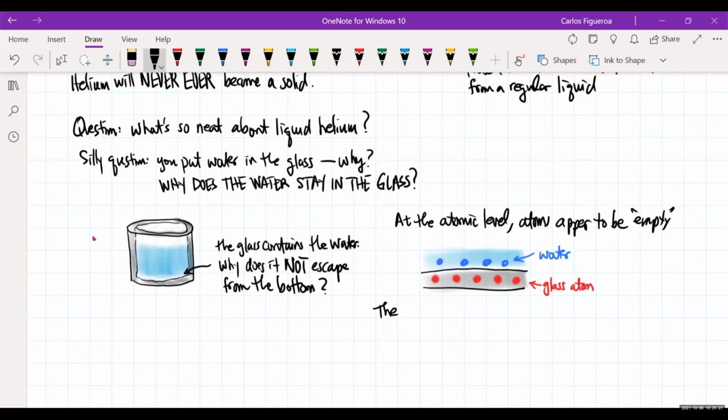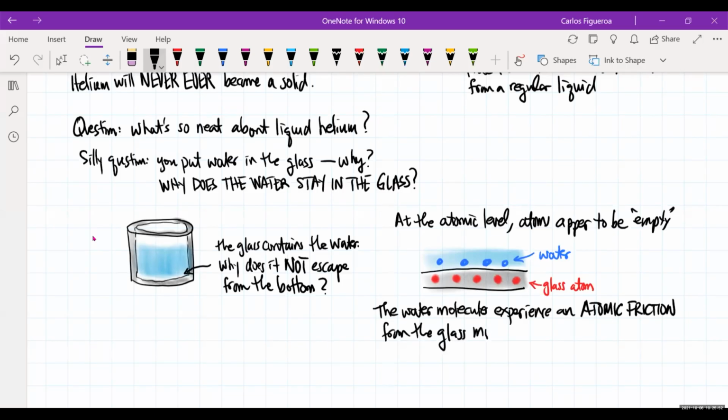The water molecules experience an atomic friction from the glass molecules that does not allow water molecules to escape.